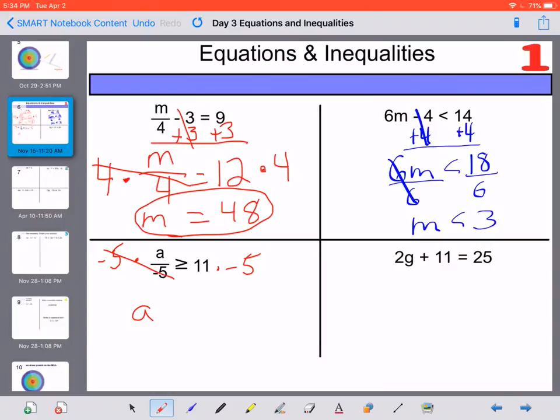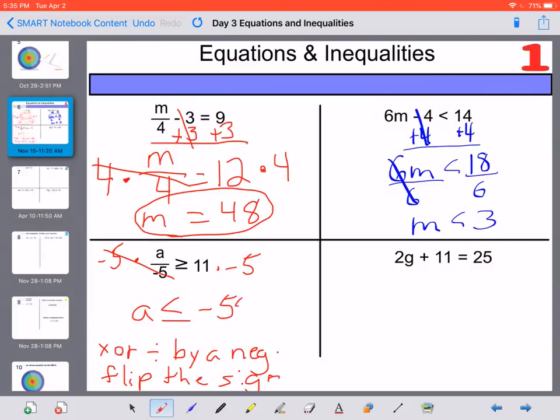When we multiply or divide by a negative, we have to flip the sign. So instead of greater than or equal to, we're going to have a less than or equal to. 11 times negative 5 is negative 55. So a is less than or equal to negative 55.